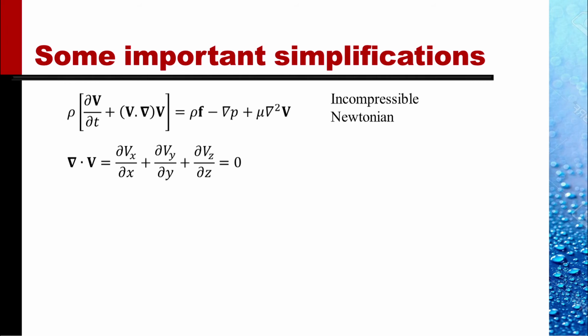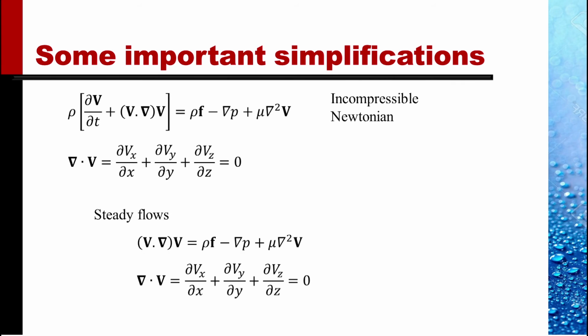It's not easy to solve. So we look for simplifications wherever possible. First simplification is simply steady flow. The first term in the Navier-Stokes equation drops out, and we get a system with one less independent variable.